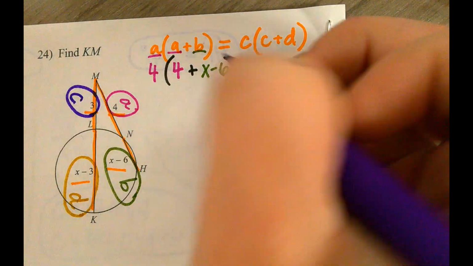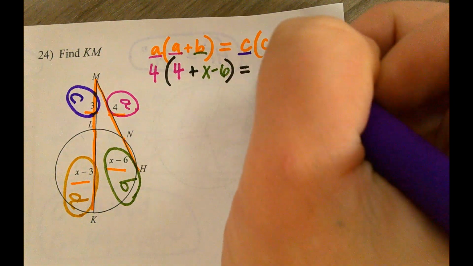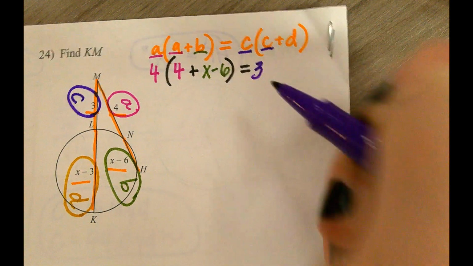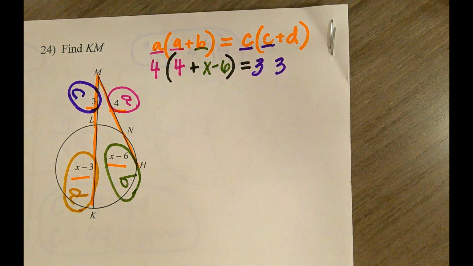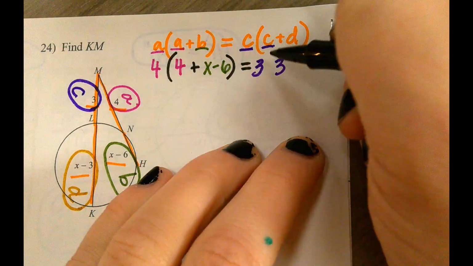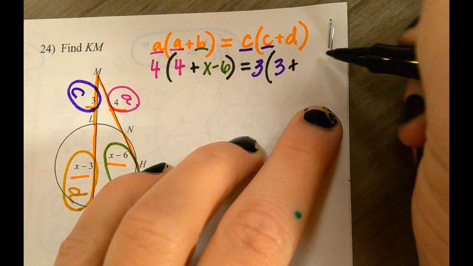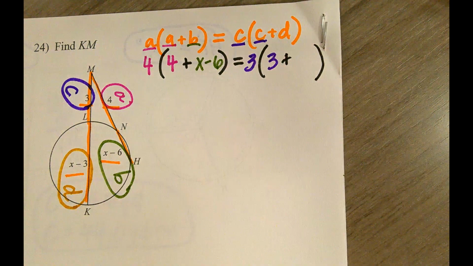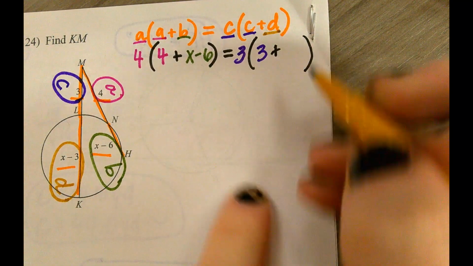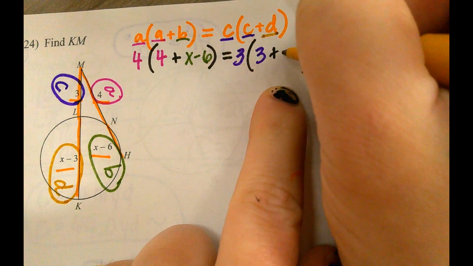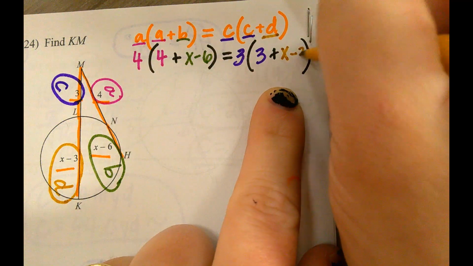Next we have C, which is 3. And C again, 3 again. We'll plug in D, and we get x minus 3.